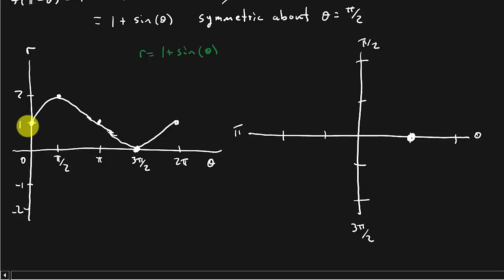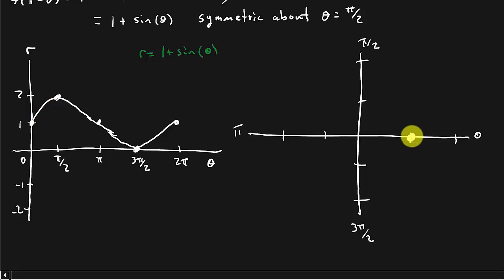Now, let's look and see. As we go from 0 to pi over 2, what's happening? Well, this is increasing. R is increasing from 1 to 2. You see that?